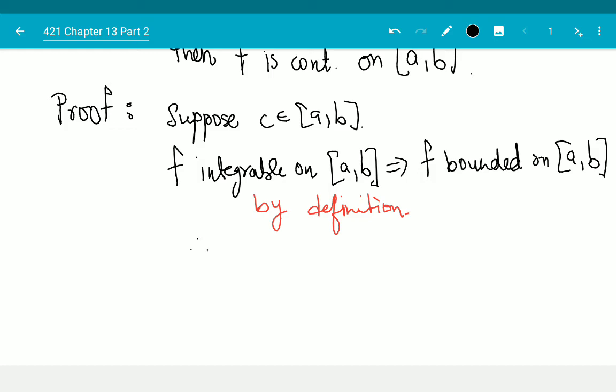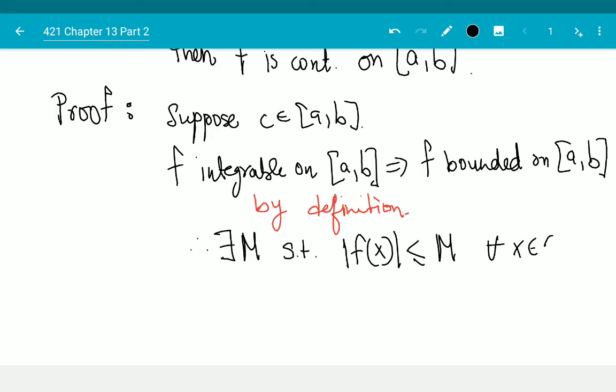Therefore, there exists M such that the absolute value of f of x is smaller than or equal to M for every x belongs to a to b. Great. I don't know if it's continuous or not.